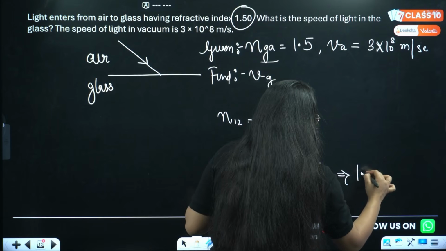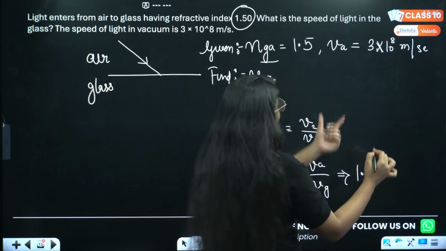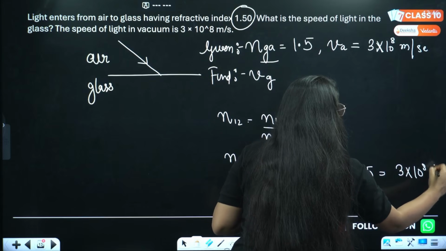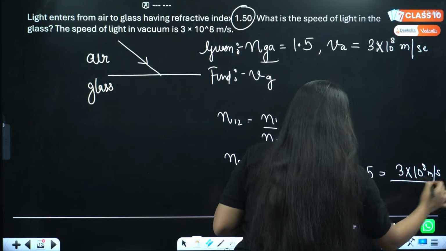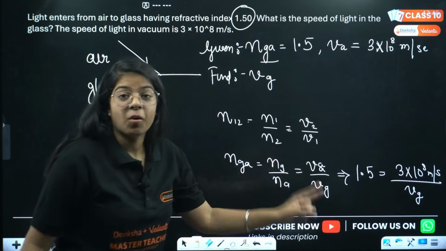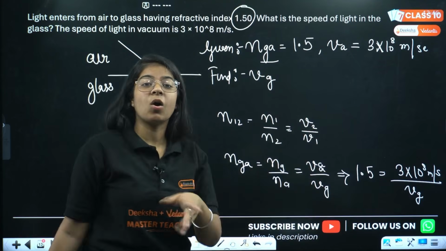This is simply 1.5 equals v of A, which is also given, 3 into 10 raised to power 8 meters per second, divided by v of glass. We have to find that. Comment down the answer in the comment section.